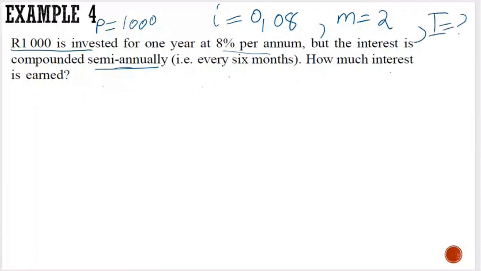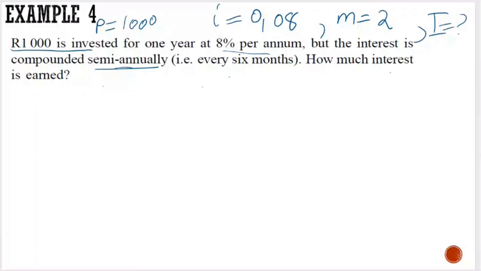Okay, so now we just need to calculate the interest, but we cannot calculate an interest first. We first need to get the accumulated amount. Okay, let us get the accumulated amount. So now we already know it's a compound interest formula, because the interest is compounding.